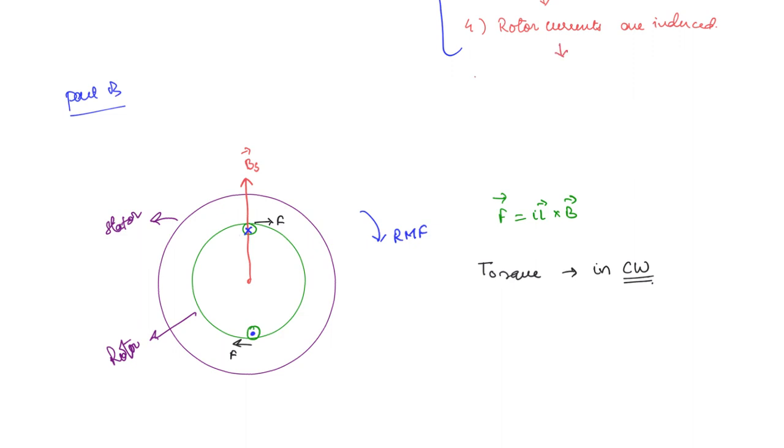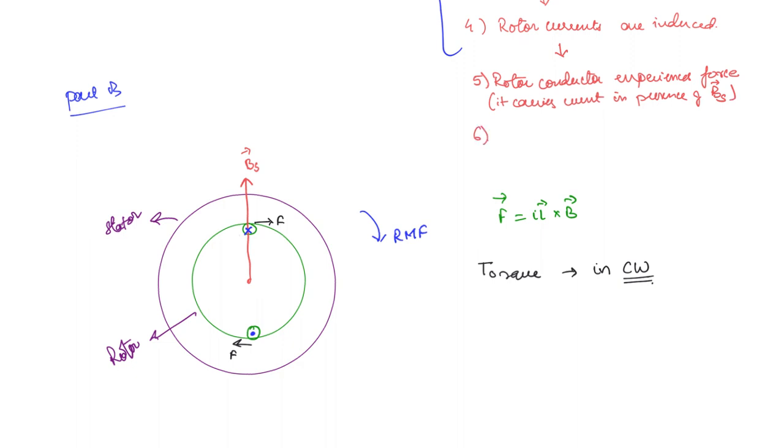You can write here, after rotor currents are induced, we go into part B. What is part B? Rotor conductor experiences force. Why is that? Because it carries current in presence of magnetic field, stator magnetic field.